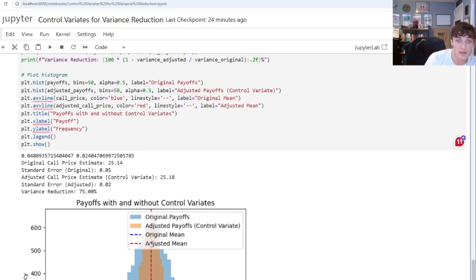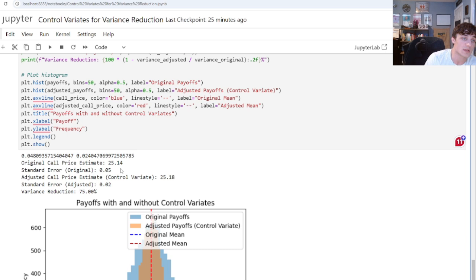So how can we see this? Well, the original call price is going to be 25.14. The adjusted call price estimate with the control variate is 25.18, but you're going to get different values every single time you run it and as you increment more simulations. So what's a good measure for the variance reduction that is achieved? Well, one way is to take a look at the confidence interval under the same alpha value.